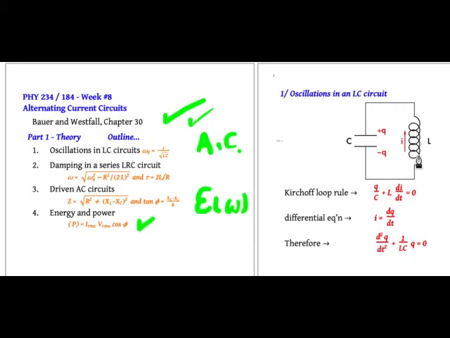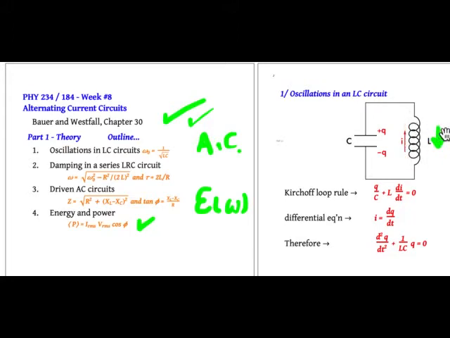The current is in this direction, the change in potential is positive. Positive meaning clockwise. That's what's called back EMF. It's an EMF in the opposite direction from the current.